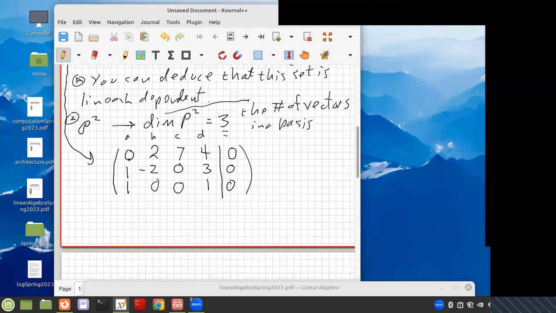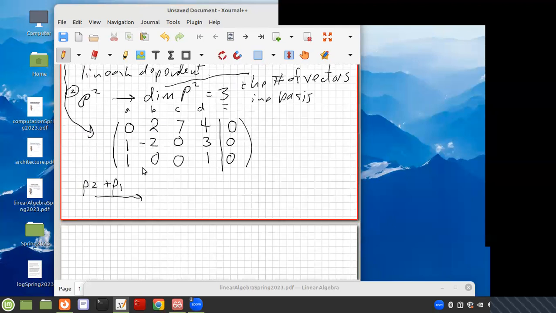You can see that I'm going to need to do a swap to get rid of the 1 up here. Or I could add, because this will cancel here. I'm going to try row 2 plus row 1, because that'll bring this 1 up there and also cancel off this. That might be a beneficial thing.